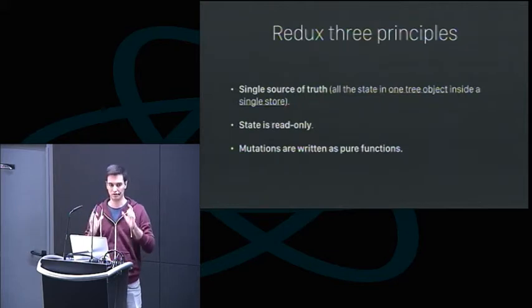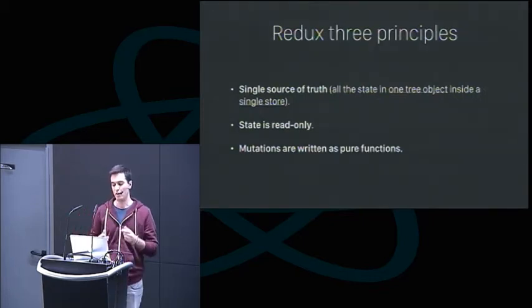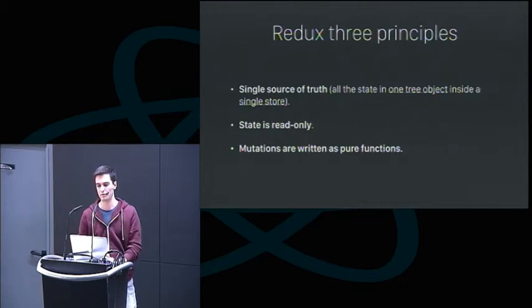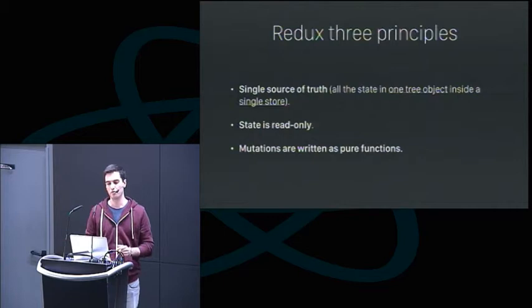Here you have just one giant, or not that giant, state that is a JavaScript object, and of course one single store because you just have one source. Second one is the state is read only, so it's kind of immutable, and mutations are only achieved through pure functions.